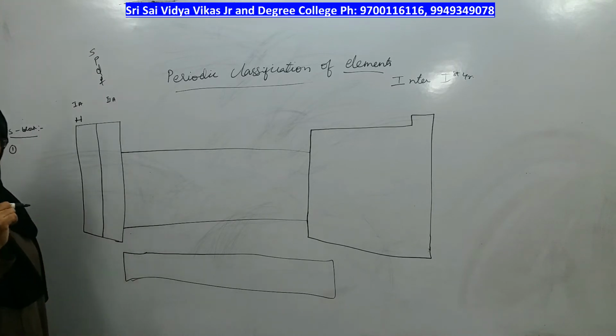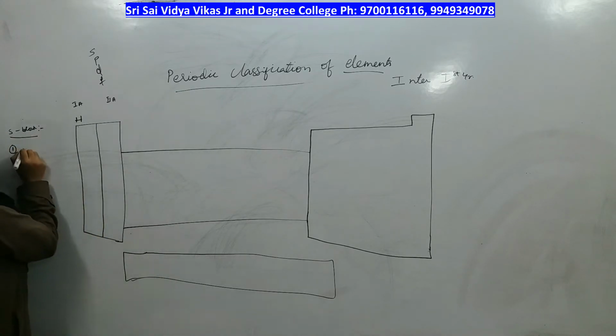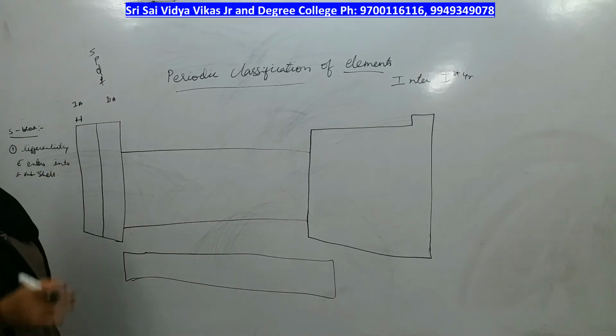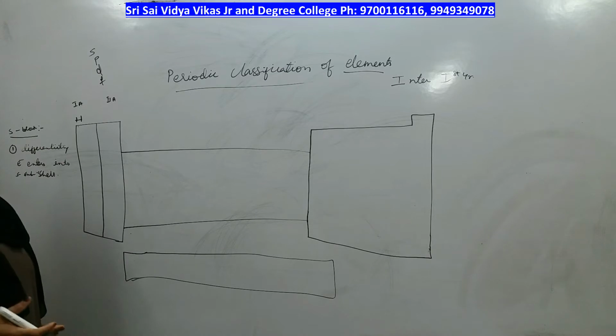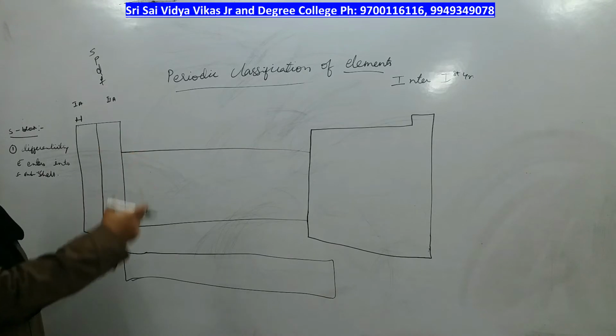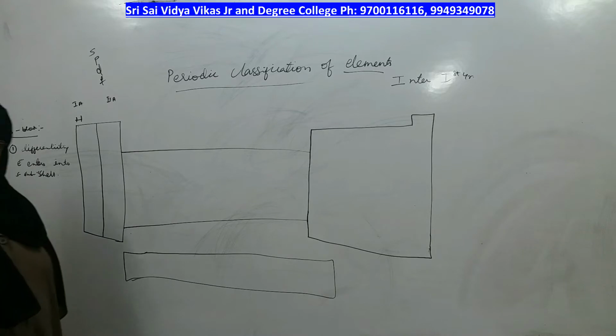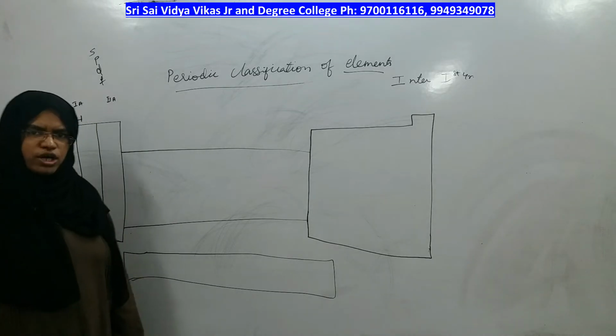The elements in which the differentiating electron enters into the s subshell are called s block elements. The same way for p block elements, your first point should be the same: the elements in which the differentiating electron enters into the p subshell are called p block elements.